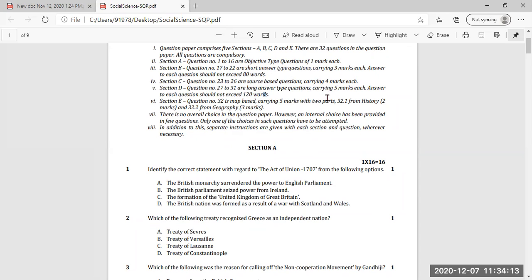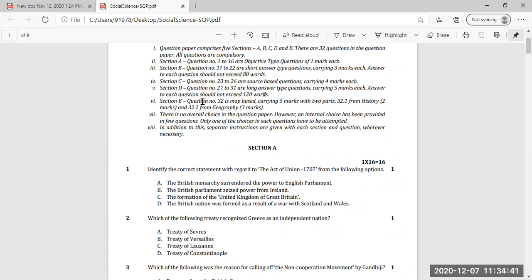From those sources the questions will be asked, and you have to read those passages and then give the answer, of 4 marks each. That means 23 to 26, that is 4 questions, 4 marks each.